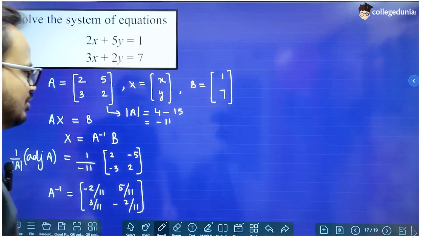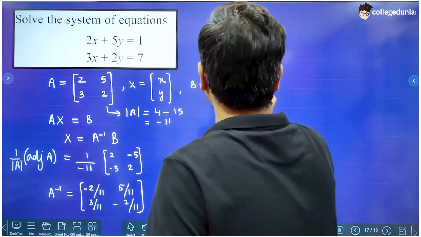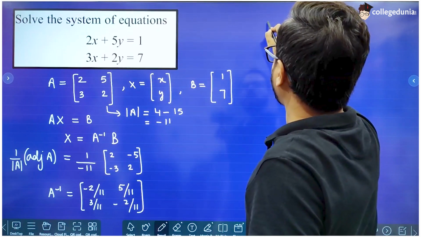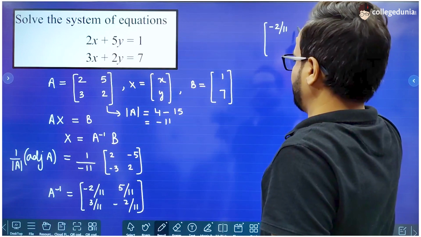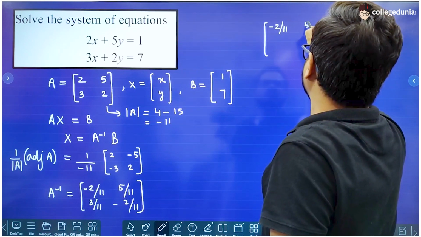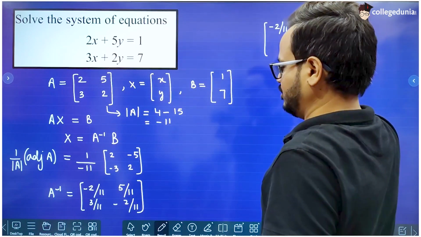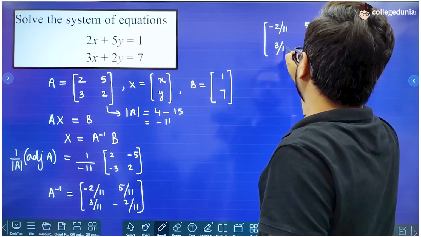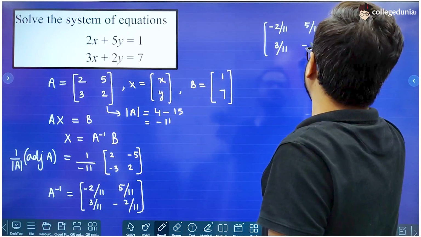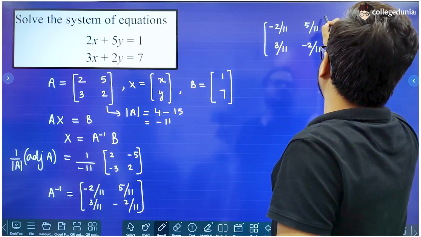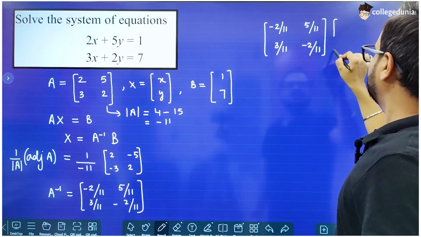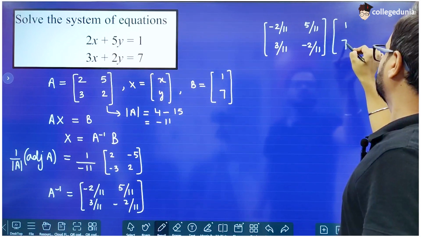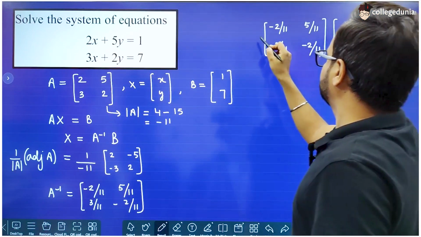Now let's multiply that with B. So A inverse, minus 2 by 11, 5 by 11, 3 by 11, minus 2 by 11, into B. B is 1 and 7.